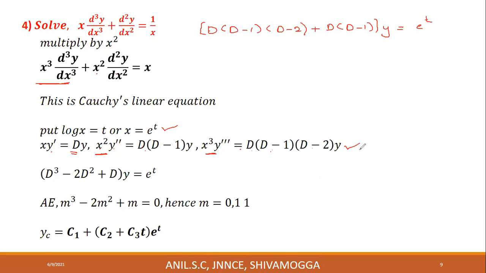Now simplify this. Here d into d minus 1 is common in both the terms. d into d minus 1 means d square minus d is common in both the terms. This is d square minus d. This is also d square minus d. As d square minus d comes outside, we get d minus 2 plus 1 into y is equal to e power t.